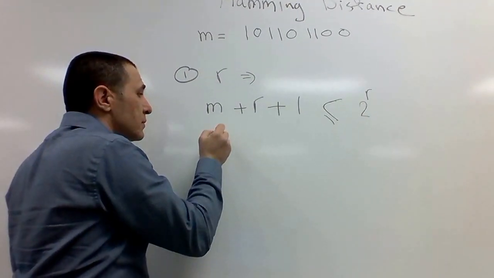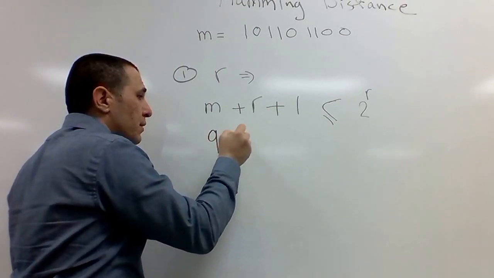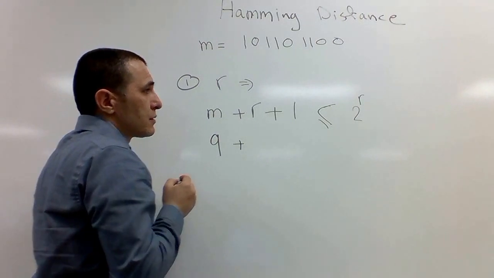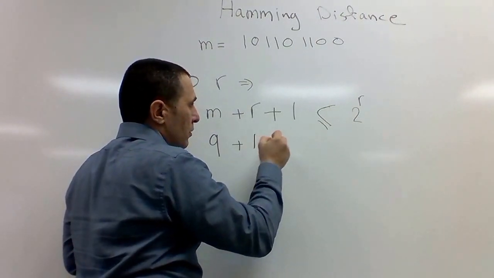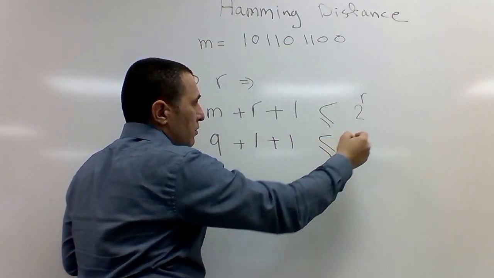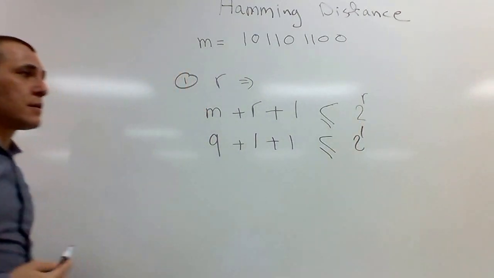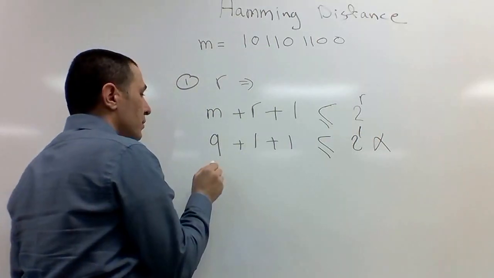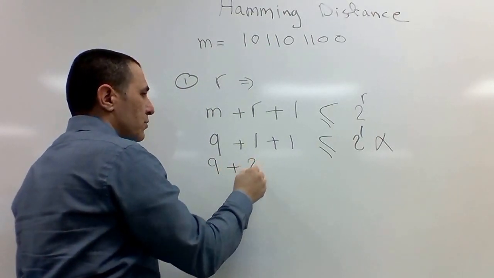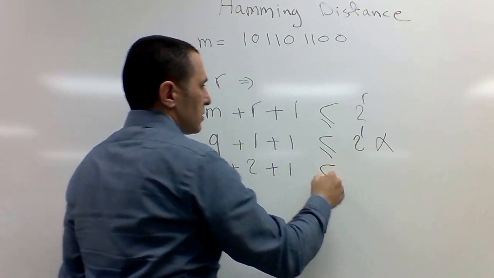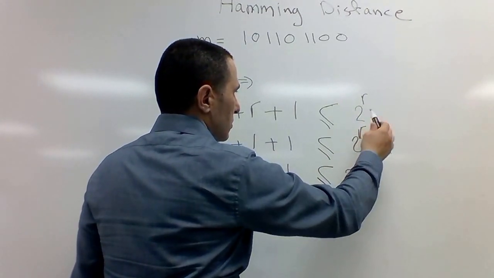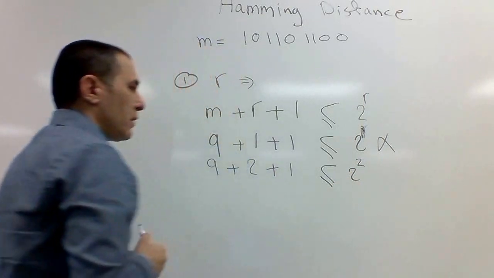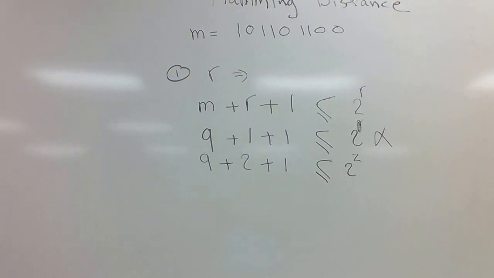M is 9 bits. What is R? What should we start with? R equals 1: 9 plus 1 plus 1 is 11. Is it less than or equal to 2 to the power 1? No, so I'll use R as 2. 2 to the power 2 is 4. What does the left side give me? 12.